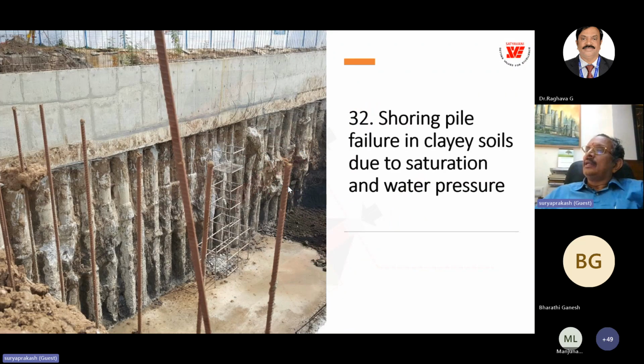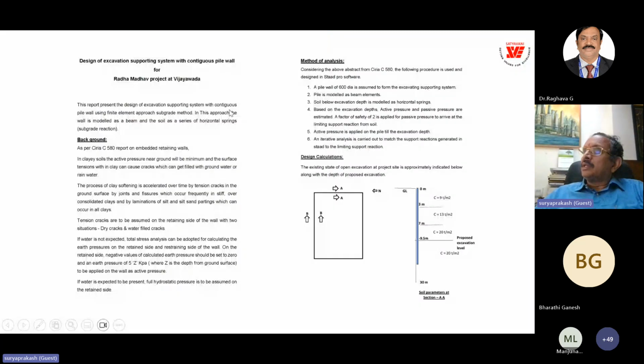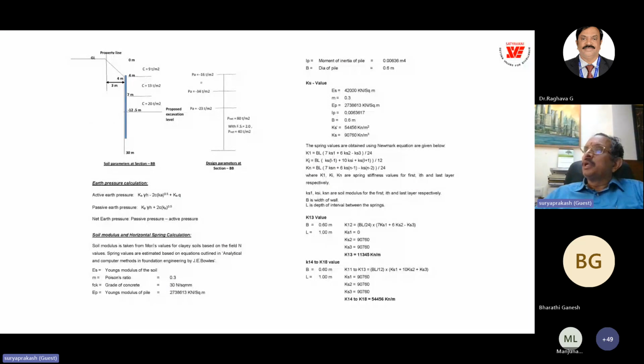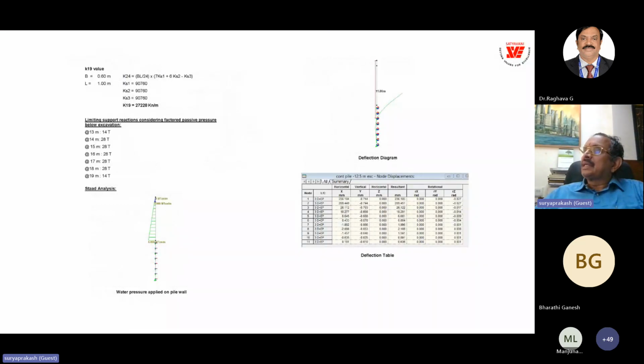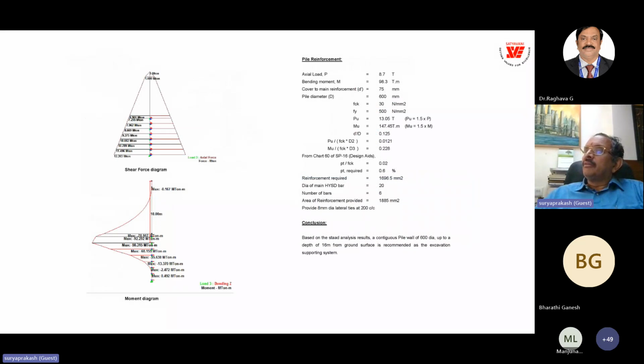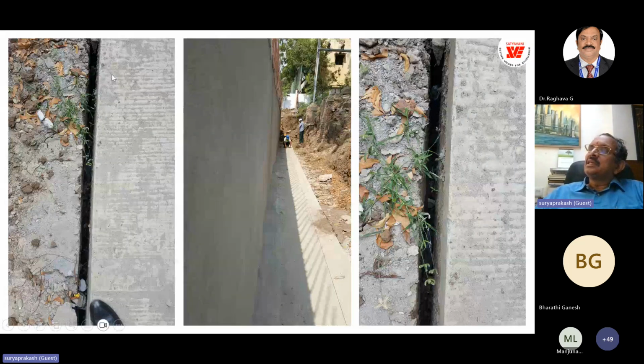And this is the shoring pile failure. This is another shoring pile actually. One photograph I'll show you. So these are the shoring piles analyzed in Plaxis, and you can see the separation from the soil after casting of the piles.